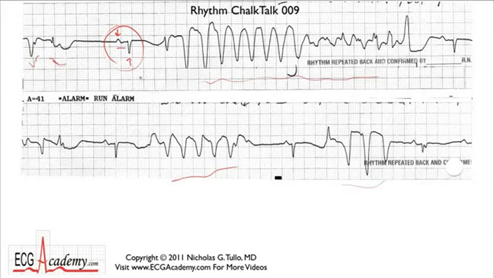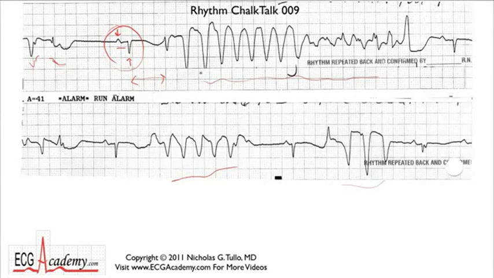So now, after a short pause of maybe 600 milliseconds or so, we have the beginning of this run of something. The first beat almost looks like the normal beat, except the R wave's a little bit taller and it looks a little wider, and I'm not really sure about that.